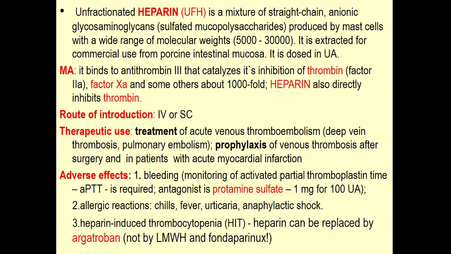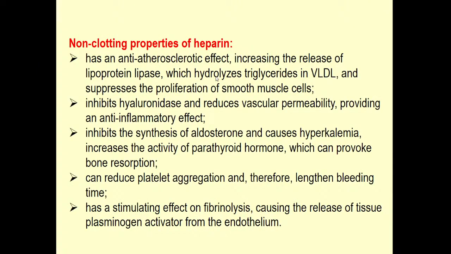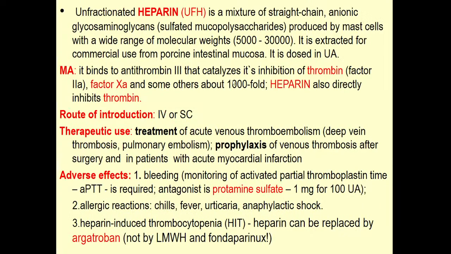It is dosed in units of action. Mechanism of action of heparin: it binds to antithrombin 3 that catalyzes its inhibition of thrombin, factor 2A, factor 10A, and some others about thousandfold.